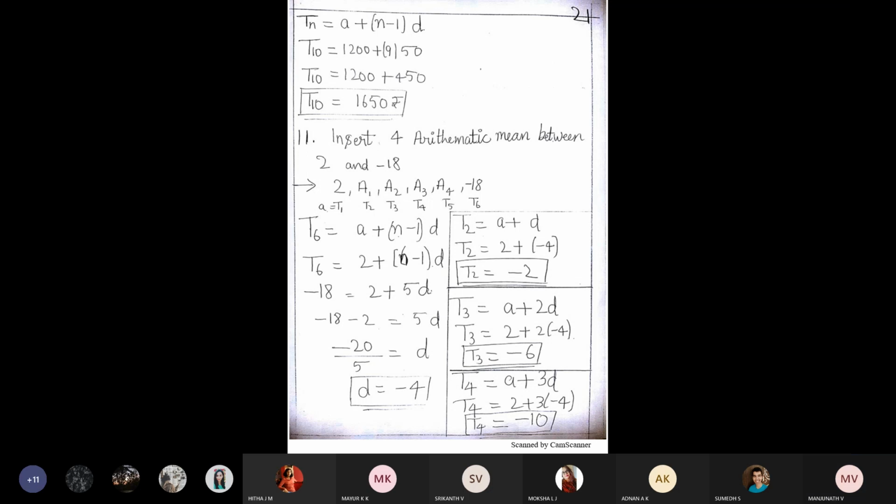Any questions? Okay, this part we'll discuss tomorrow. Insert 4 arithmetic means, insert 2 arithmetic means. Finding out the alternate missing numbers like that. After that, we can just move on to your GP. Again, this is quite reasoning based questions. Any questions now?